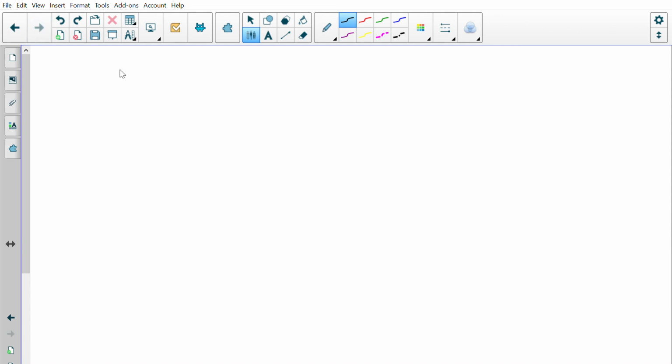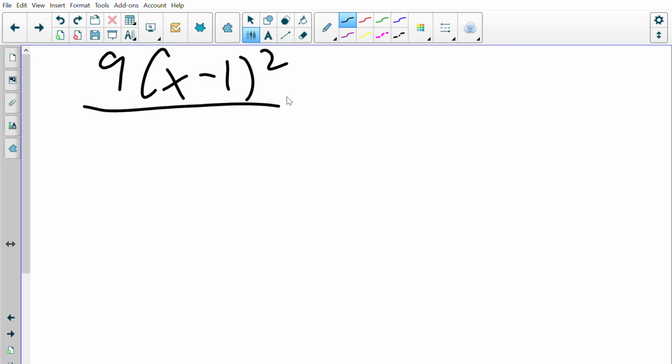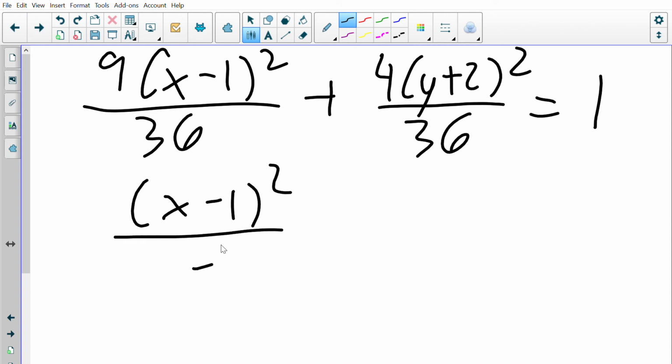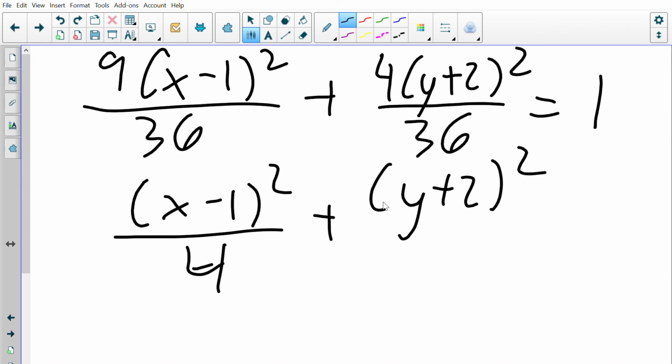So now I have 9 times x minus 1 squared over 36 plus 4 times y plus 2 squared over 36 is equal to 1, because 36 divided by 36 is 1. Now I can reduce these fractions, and I get x minus 1 squared over 4, and then y plus 2 squared over 9 is equal to 1.